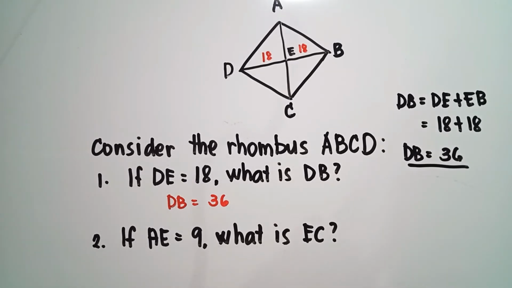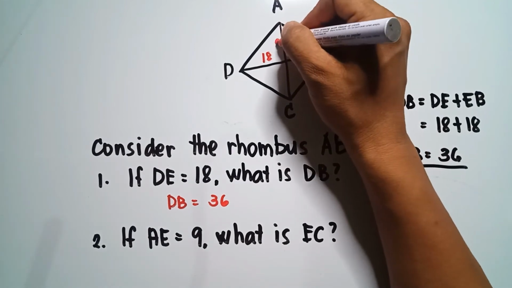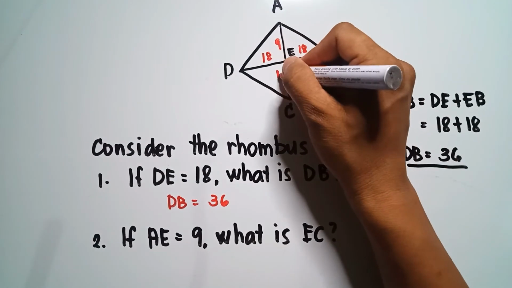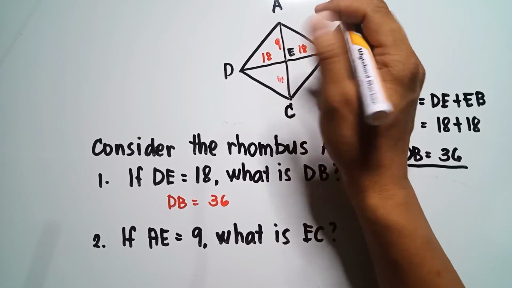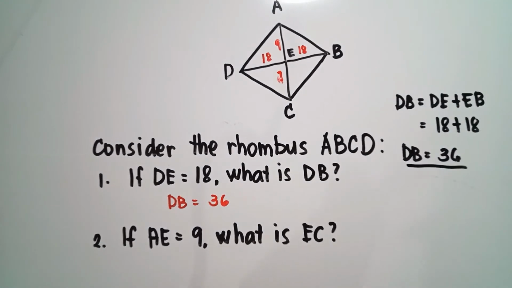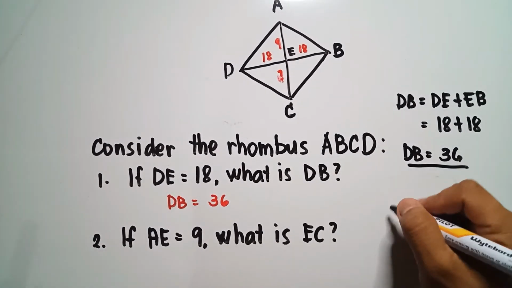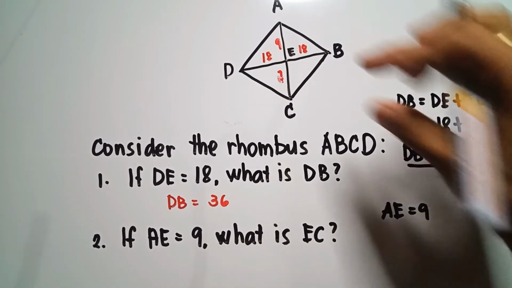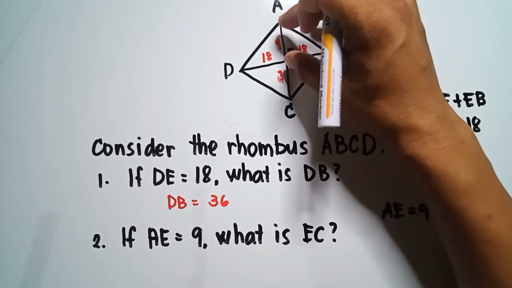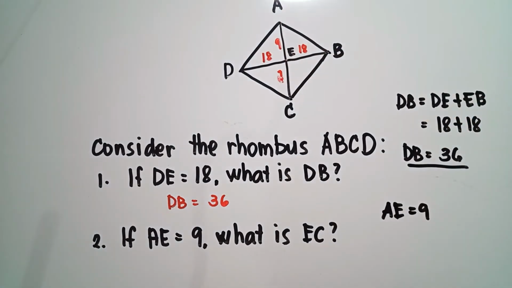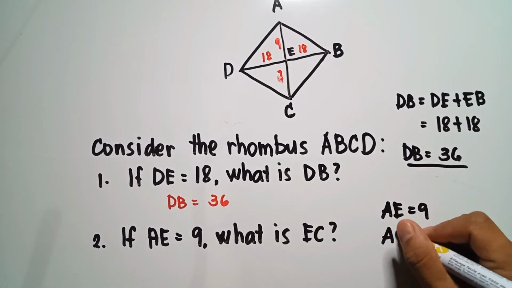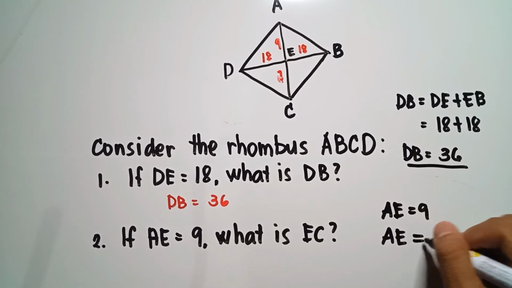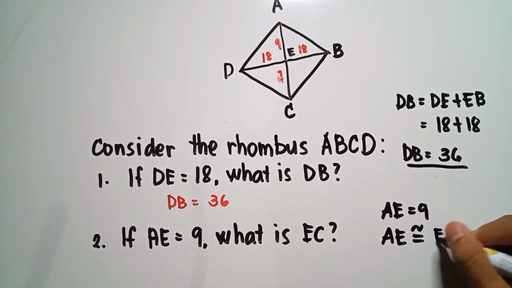Number 2. If AE is 9, what is EC? So we have AE equal to 9. Since point E is the midpoint, AE is congruent to EC.